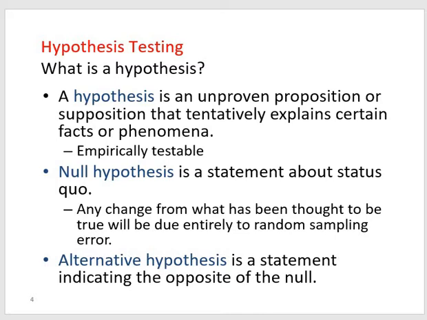Basically, a hypothesis is supposed to be unproven. You cannot state a statement which is already proven as a hypothesis. If someone else has already proven that statement, that this is the fact, I cannot state the same statement as a hypothesis. So the first thing while stating the hypothesis is that it should be unproven.